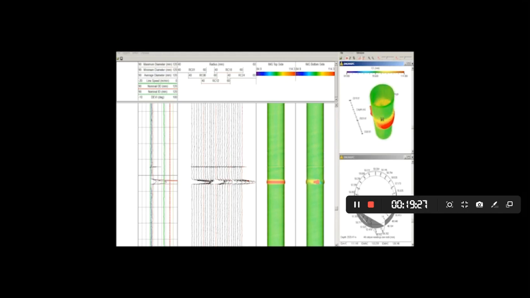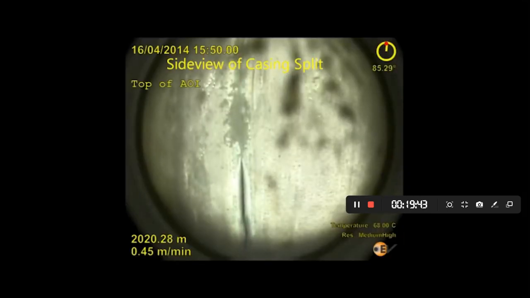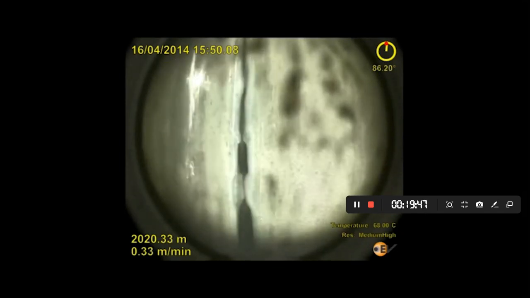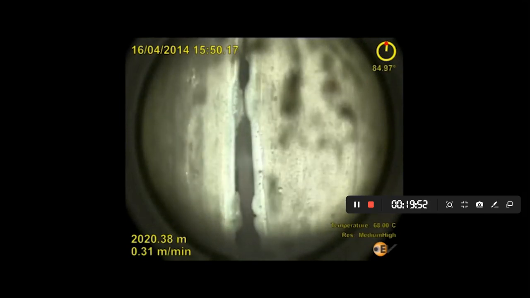In this example, the on-site engineer inspects the log for any potential integrity issues or anomalies, using the 3D rotational facility and cross-sectional plotting. The caliper clearly indicates a feature, but given that this is a P110 casing, a split might be thought unlikely. With the ability to drop down and inspect the feature in detail using the HD E-line camera, there is no doubt about the issue.